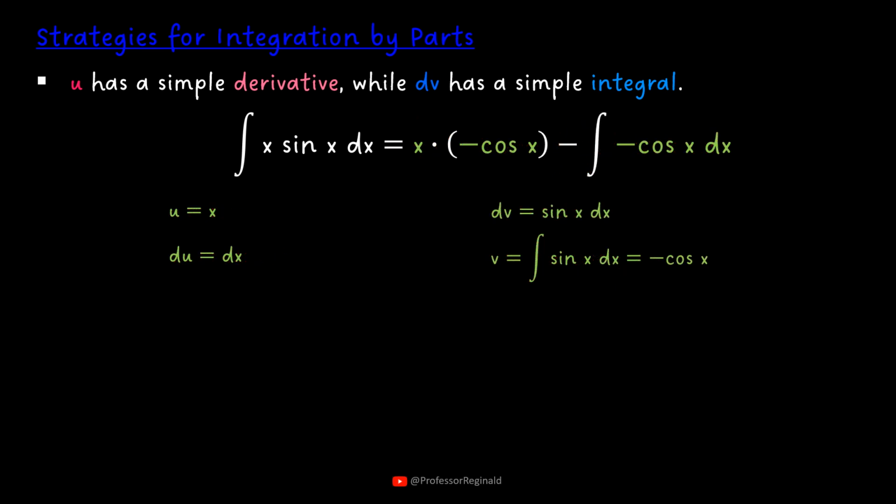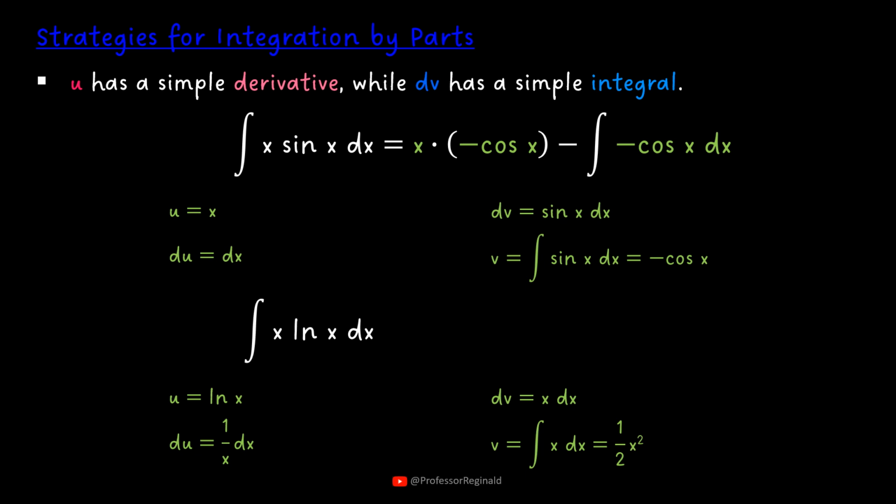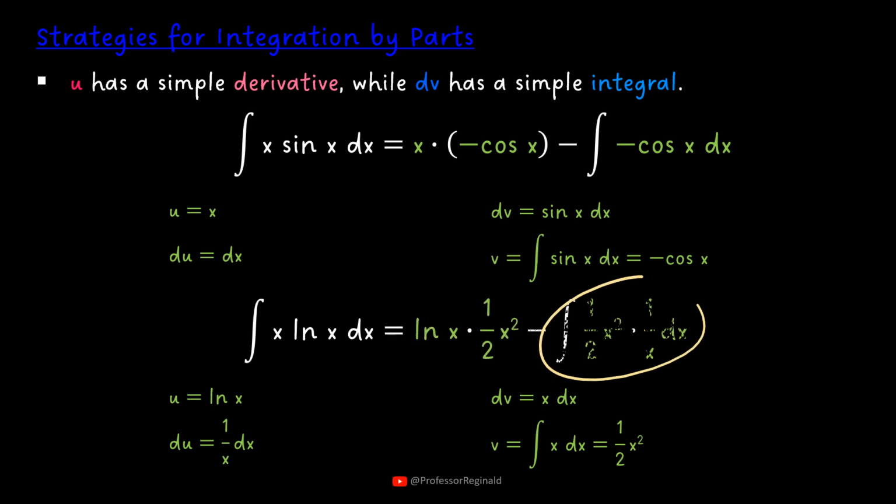As another example, suppose we want to find the integral of x times the natural logarithm of x dx. If we let u equals the natural logarithm of x, and dv equals x dx, applying integration by parts results to an integral that is now simpler than the given integral.